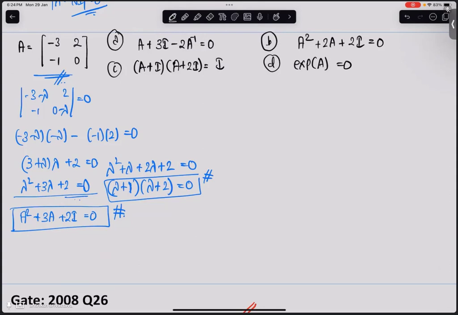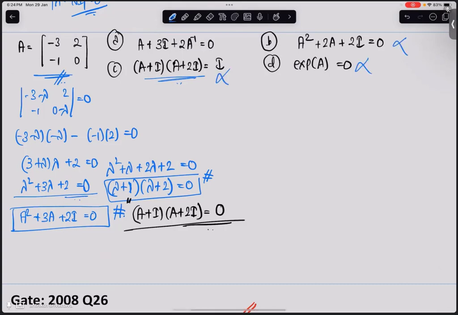So when we replace this lambda by this A, can we get something similar in the options? Let us see. (A plus I) into (A plus 2I) is equal to 0, not I, right? So option C was very much close to what we are trying to get, but we didn't get that. And option B is not at all there, option D is not at all there, option C also got crossed, option A only is remaining.